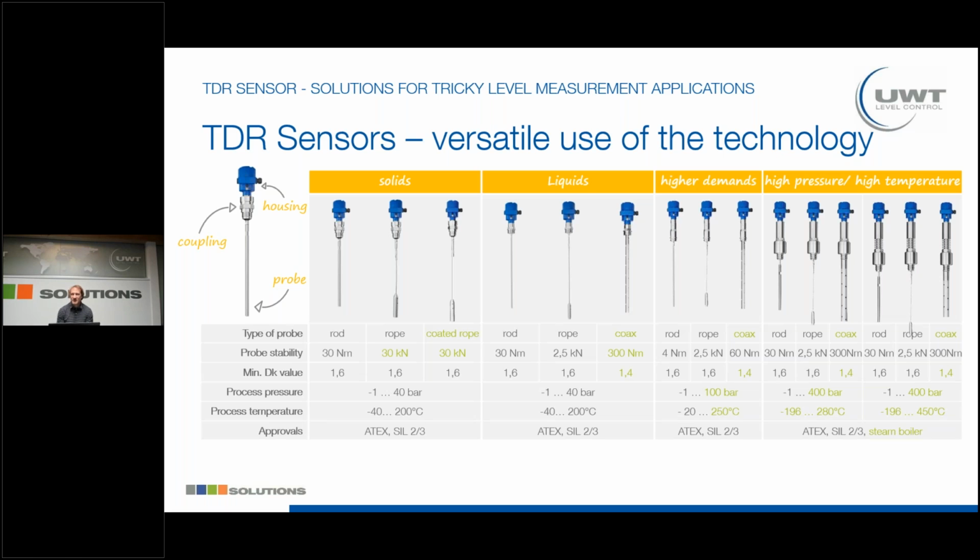So you can see this big range, from minus 196 to 450 degrees Celsius. Very robust sensors. All come with ATEX approvals and also with seal. And the high pressure versions are also certified for use in steam boilers.